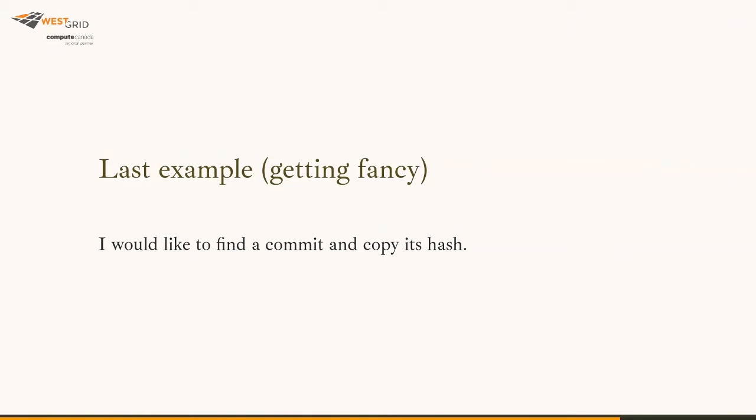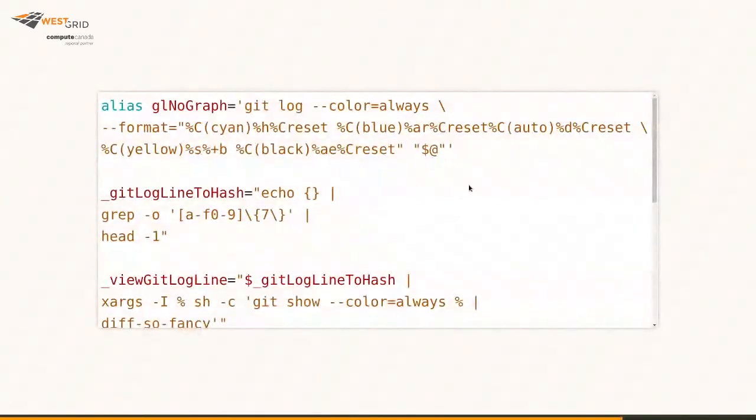So don't worry about all those details. This is not the point here, but I'm just showing you the code so that you have an idea what's in there, but I just want to demo what it will do. So I am defining an alias, which is git log with some fancy coloring.